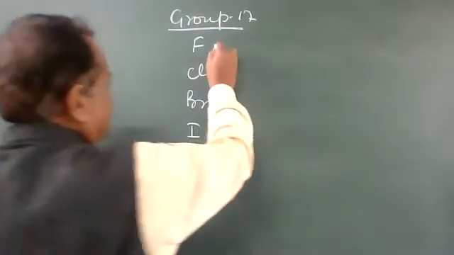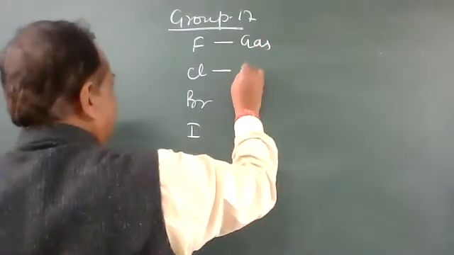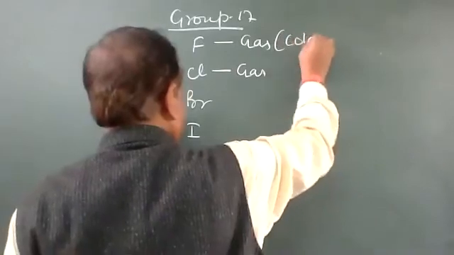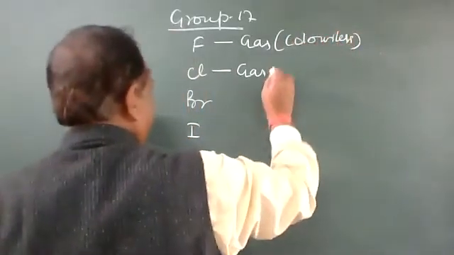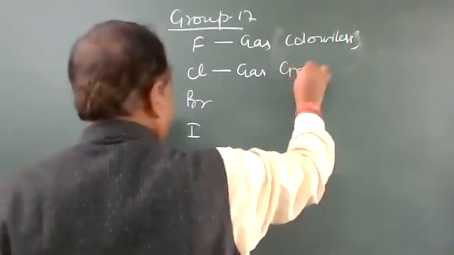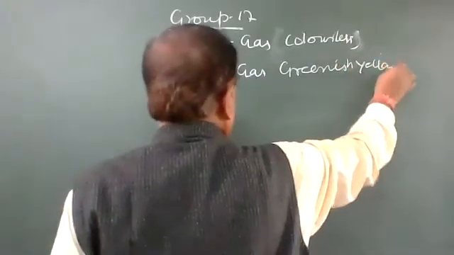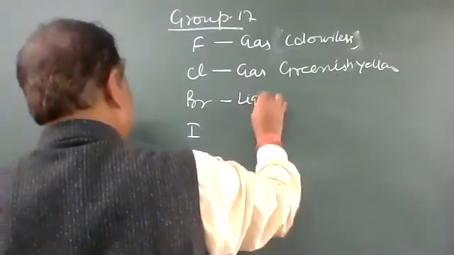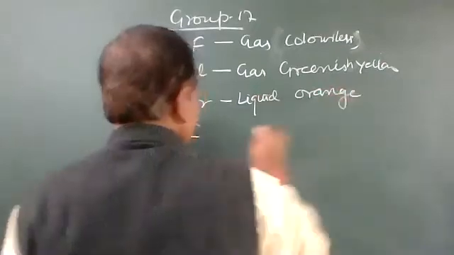Fluorine is a gas. It is colorless. Then chlorine is a greenish yellow gas. Bromine is a liquid of orange color.